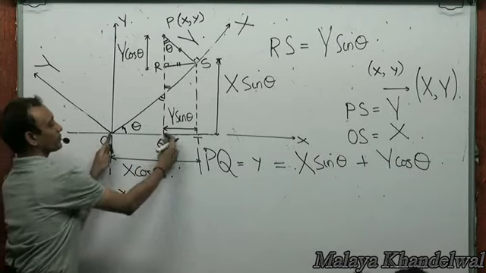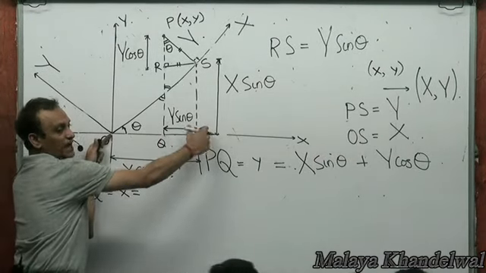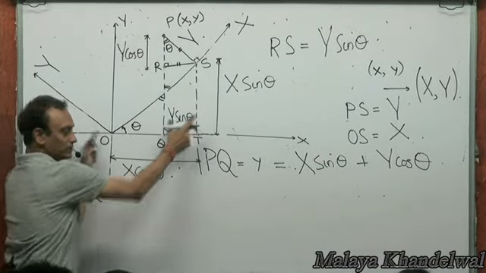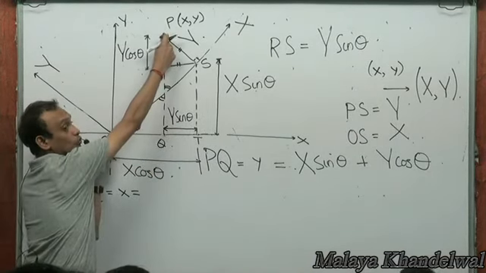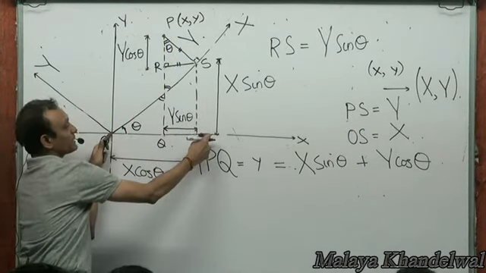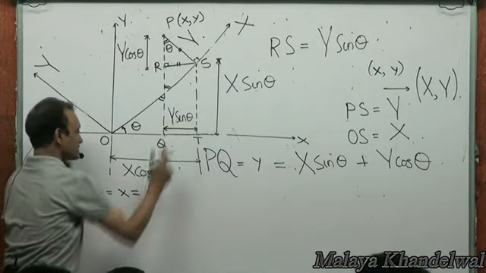Which is going to be capital X cos theta minus capital Y sin theta. OQ, which is small x, the x coordinate in the old system, is capital X cos theta minus capital Y sin theta.